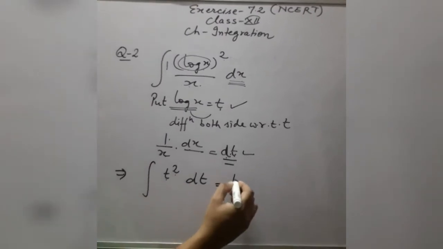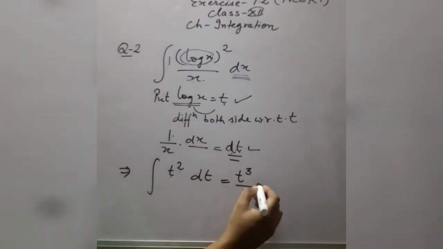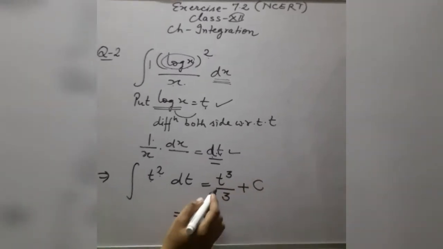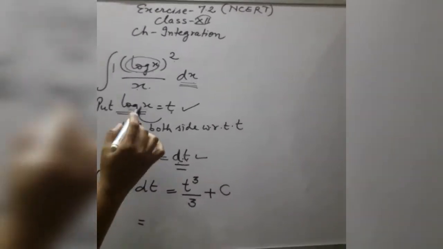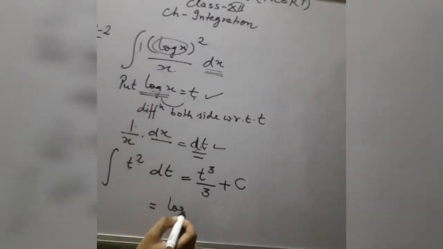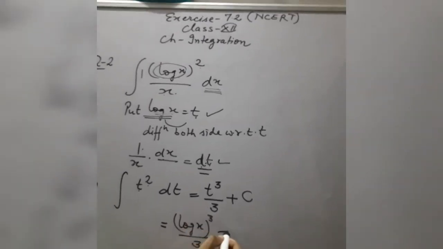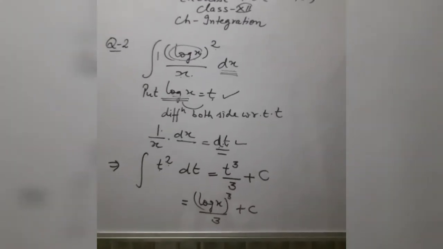Similarly, the integration of t square with respect to t is t raised to power 3 divided by 3 plus integration constant c. Now you have the value of integration in terms of t. Replace t by log x. In place of t, write (log x) whole cube divided by 3 plus integration constant c. This is the value of the integration.